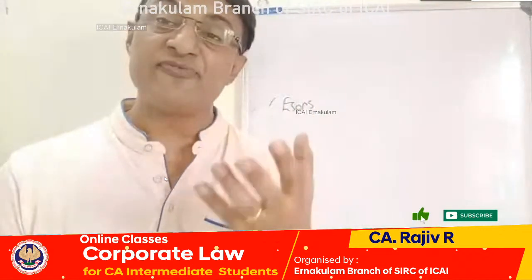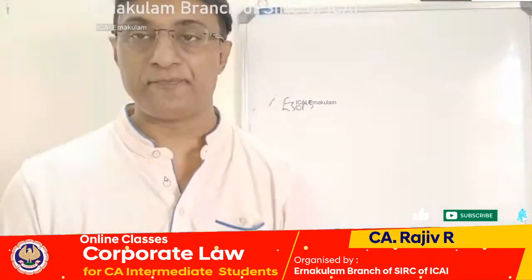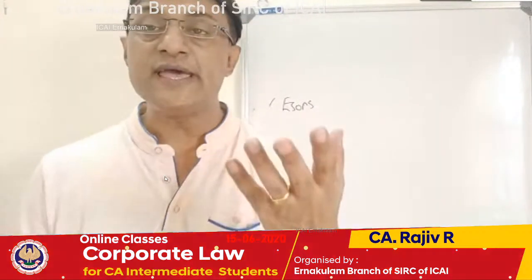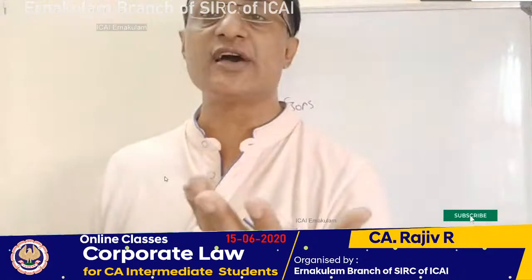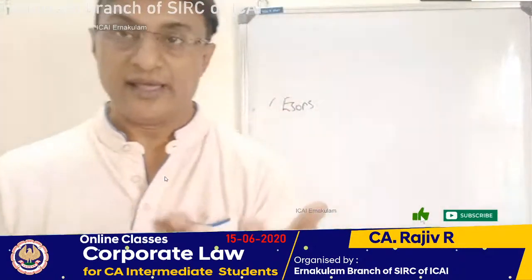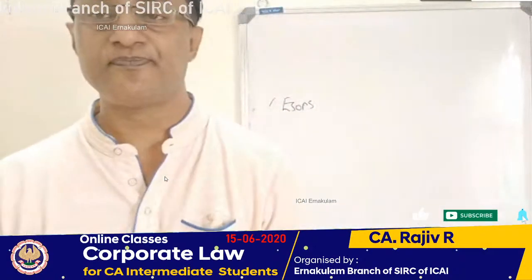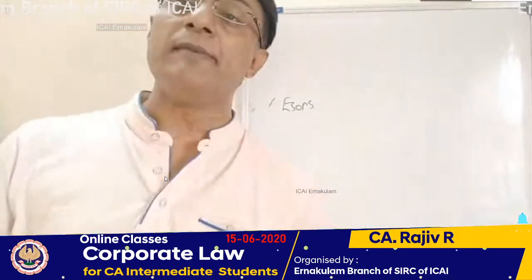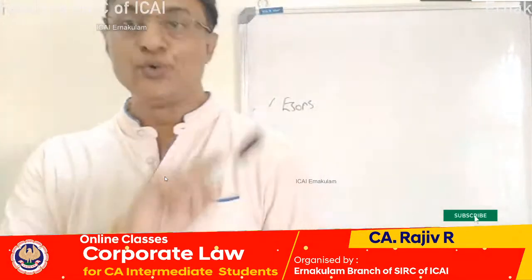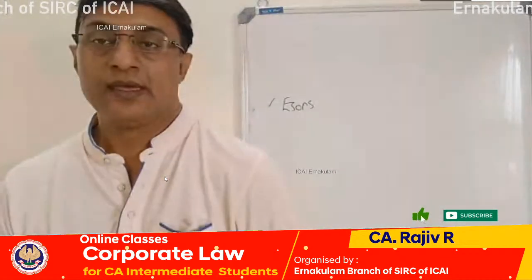So the concept of ESOPs actually came in Japan. So when you say the employees who are members of the company are excluded, that is because of this. Employees become members of the company through the ESOPs.